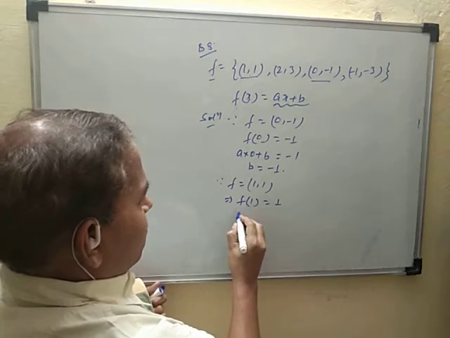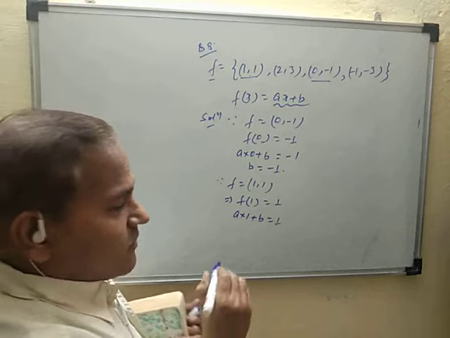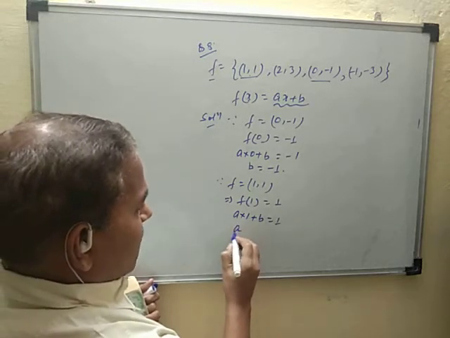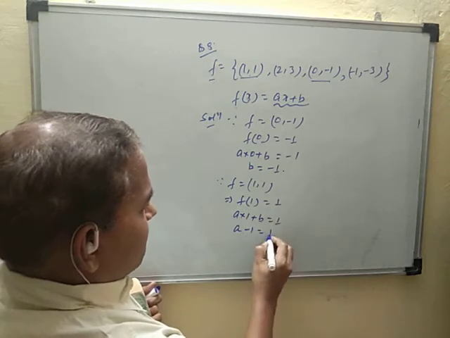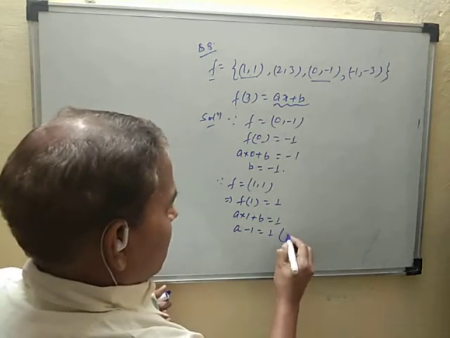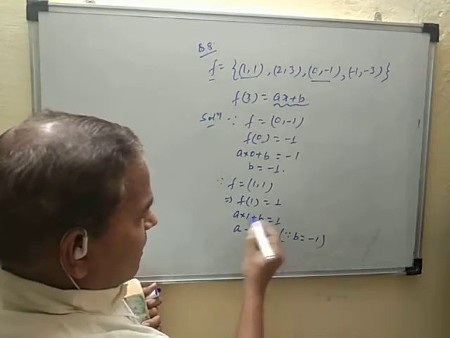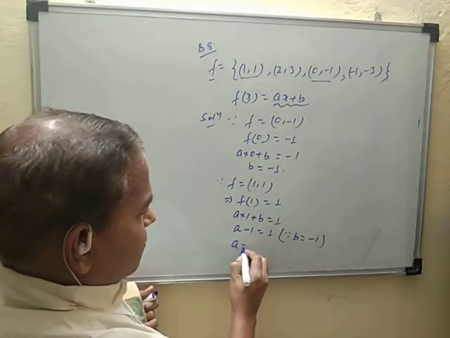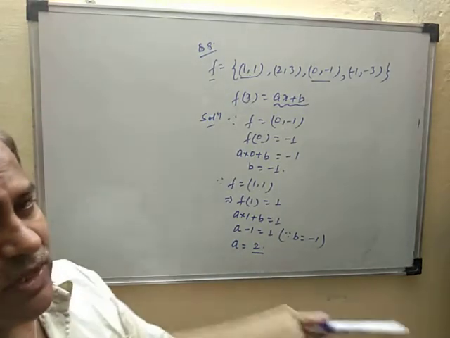So the value of f of 1 is a into 1 plus b is equal to 1. A into 1 is a, and since the value of b is -1, a minus 1 is equal to 1. Since b is equal to -1, taking this -1 to the right side, a is equal to 2. So this is the value of a and b.